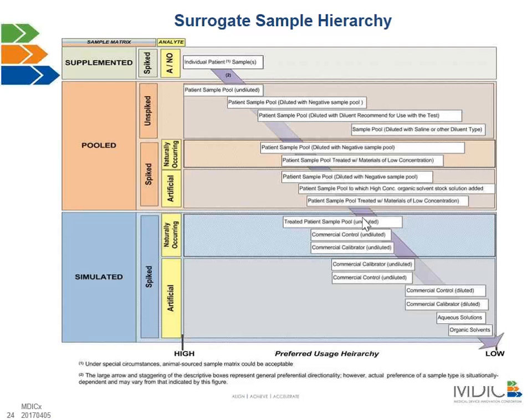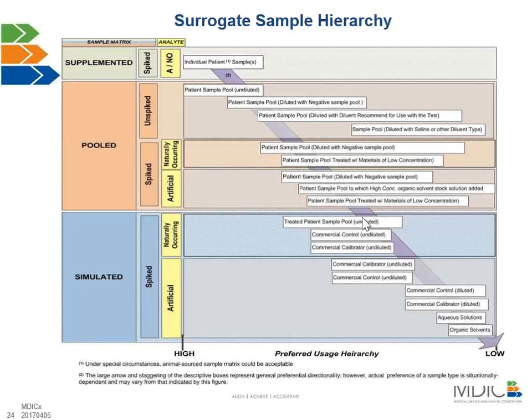However, it is noted that the actual preference of a surrogate sample type is situation dependent, and may vary from that indicated by the figure. So even though one would start at the top and move down the hierarchy, it is recognized that there are additional factors, as described previously, that weigh into this decision-making process.